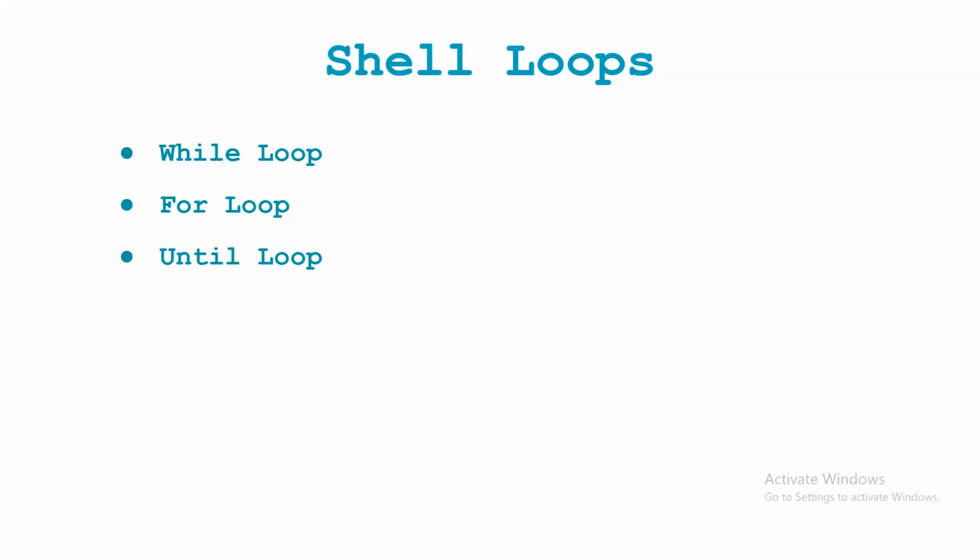But the concept of looping is that we need to execute a block of statements or a single statement a number of times till the condition becomes false. So that is the concept of the loop. I'll just tell you the syntax for while, for, and until loop.